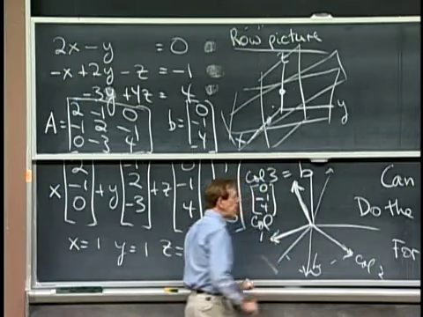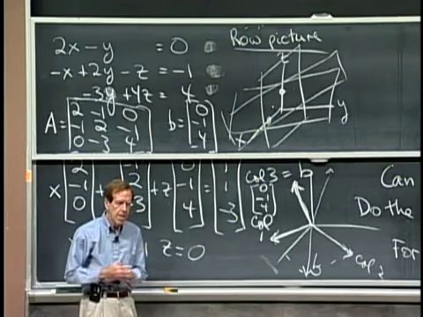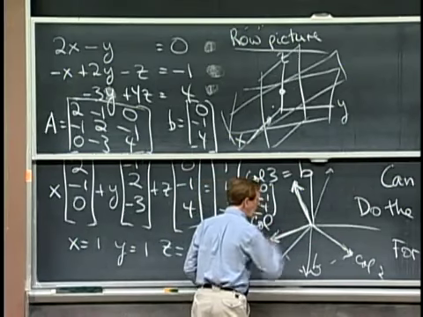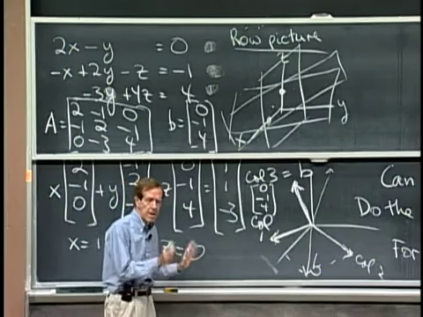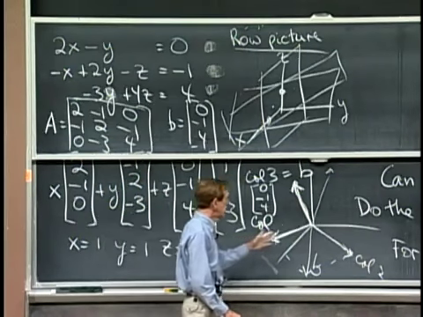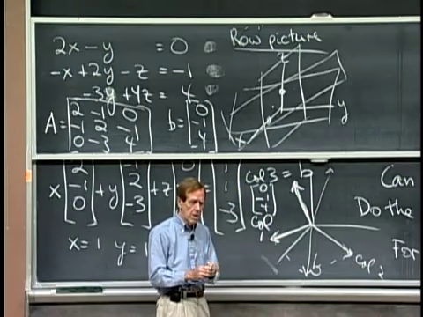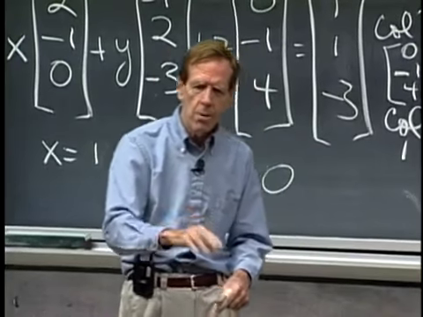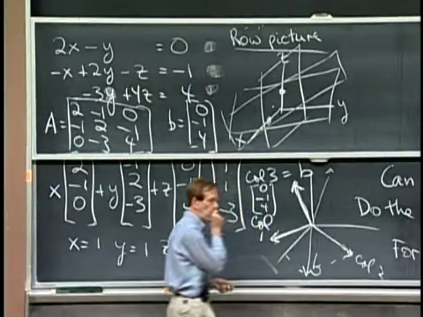If the 3 vectors happen to lie in the same plane, for example, if column 3 is just the sum of column 1 and column 2, that would be a matrix A where the answer would be no. I don't get anything new from column 3. All the combinations are in the plane, and the only right-hand sides B that I could get would be the ones in that plane.